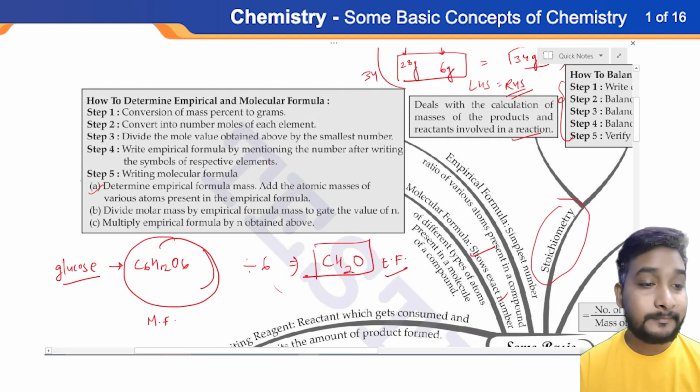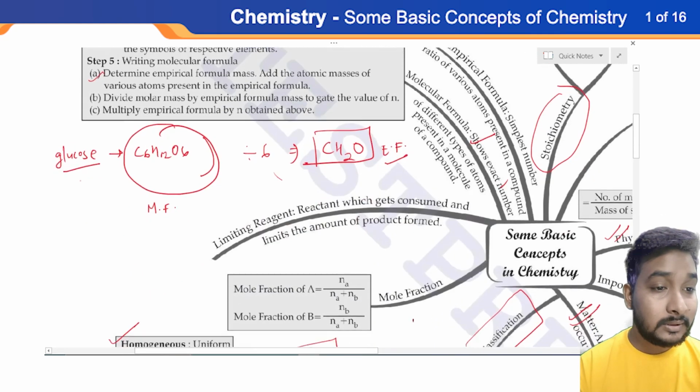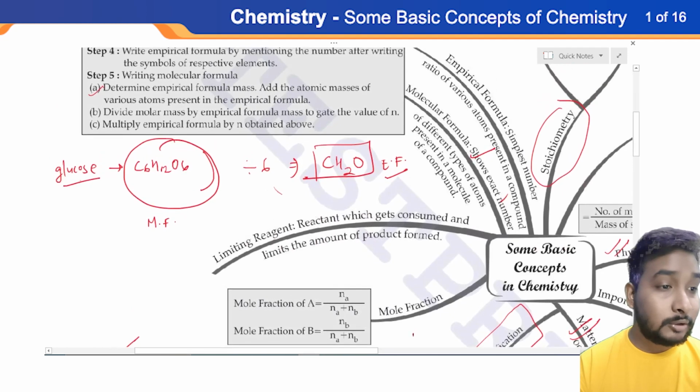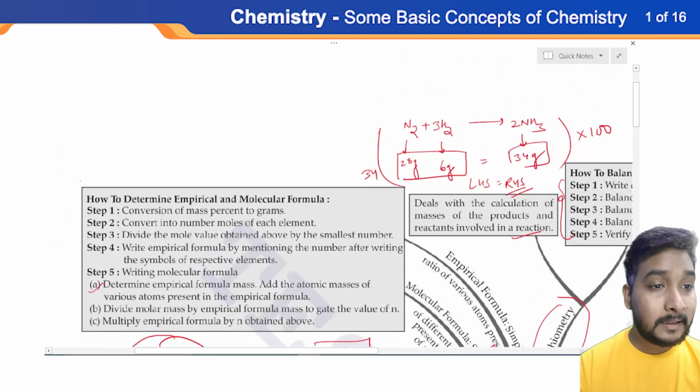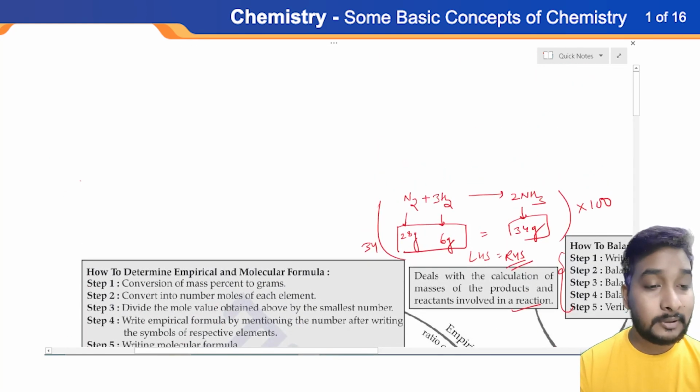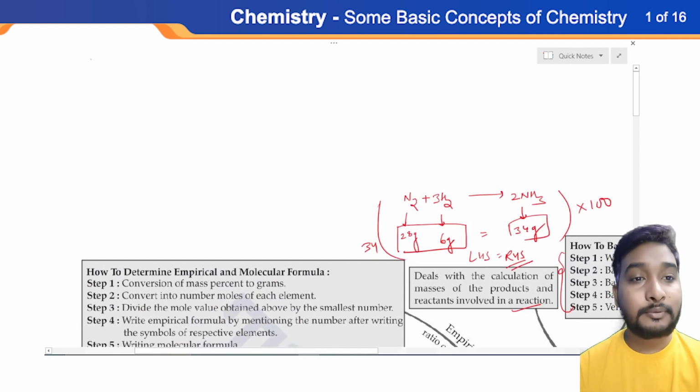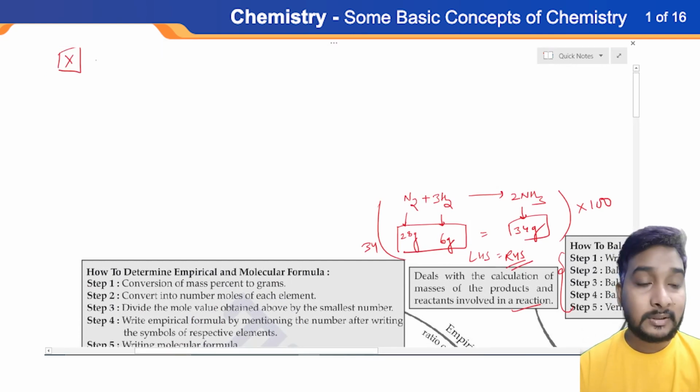So let's move on to the next topic. Now before moving to the next topic, I'll give you an example of empirical formula. How can we calculate it? Suppose a compound X is given. X is made of carbon and hydrogen.